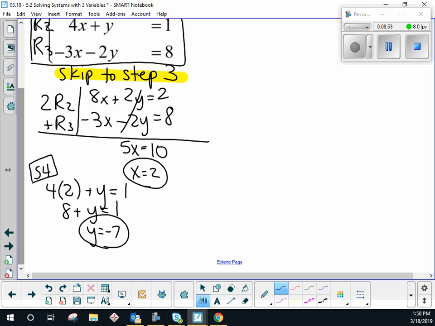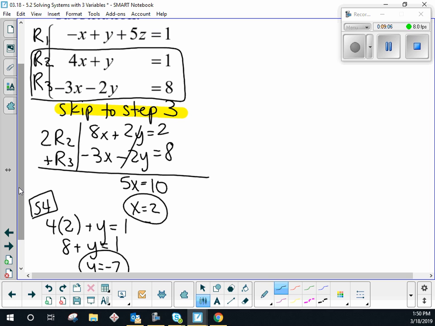Which is wonderful, but which variable do I still need to find? Z. So I take these 2 things and plug it back in where? The very first original R1, because that's the only one with the Z. Okay. So I take x equals 2, y equals negative 7, plug it into the original, negative 2 plus negative 7 plus 5z equals 1.